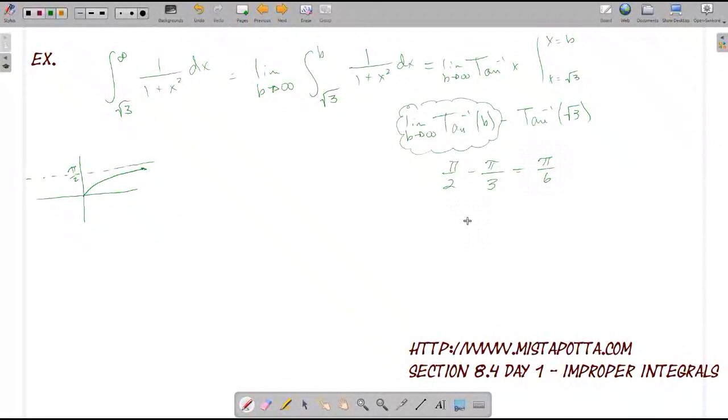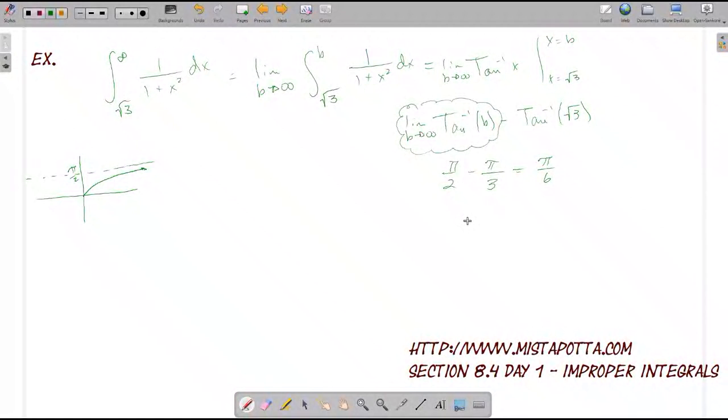So it is entirely possible to be dealing with a function that involves infinity, finding the area under the curve out to infinity, and still come up with a finite area. Even though we have this infinite perimeter, we have a finite area.